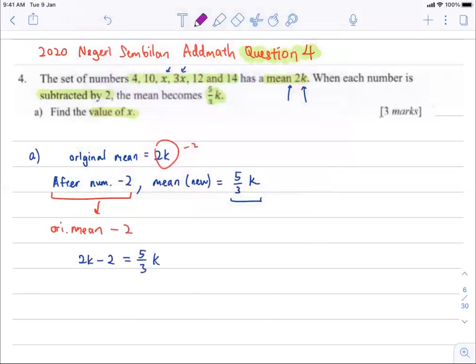Note that this original 2k is the mean before the numbers minus 2. And then this 5/3k is also a mean, but it's a new mean, after each number is minus 2.